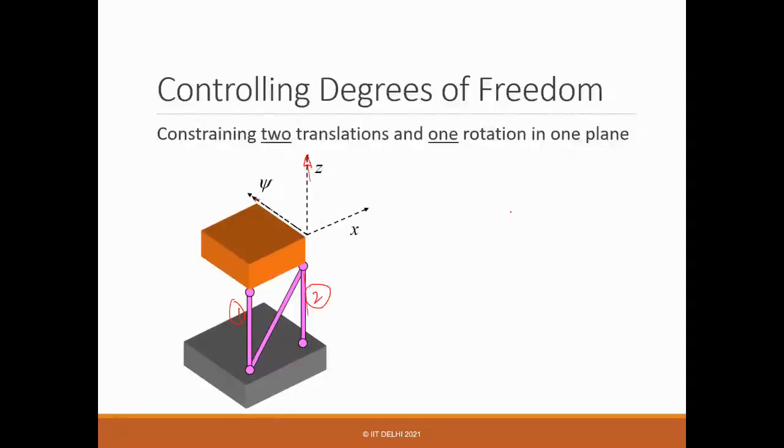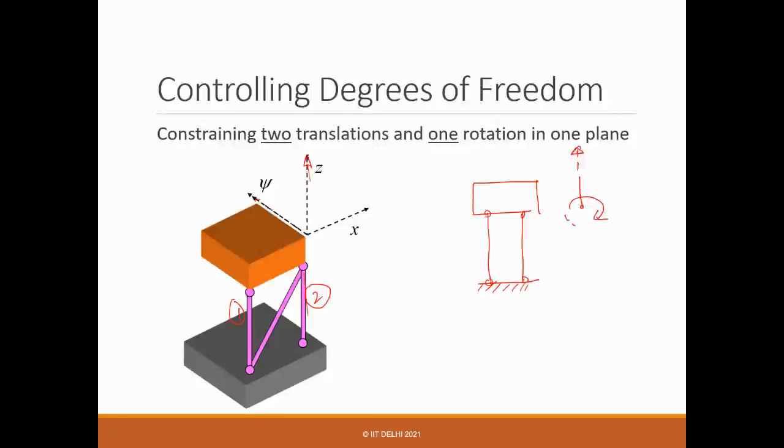But suppose, this is something like if I look from the front, this is like this, right? So it will constrain, maybe use dotted lines, this direction, and at the same time, this will also constrain this rotation, right?